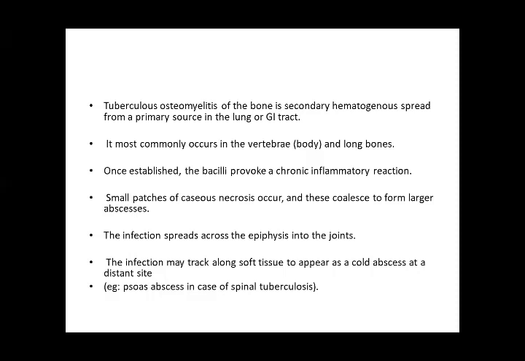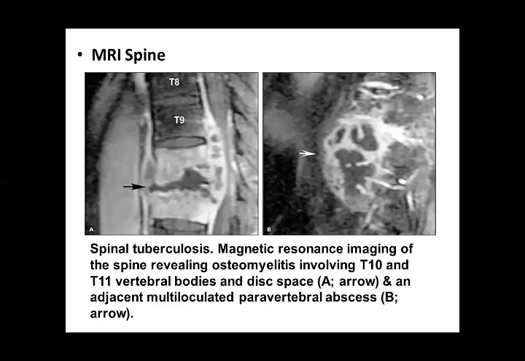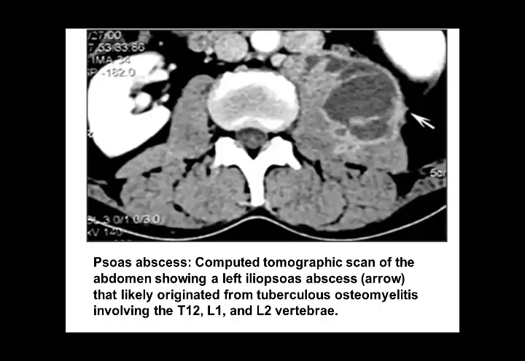Cold abscess in case of spinal tuberculosis. This is the MRI of the spine in spinal tuberculosis, and you can see involvement of T10 and T11, narrowing of the disc spaces, and adjacent multiloculated paravertebral abscesses. This is the abdomen showing a left iliopsoas abscess.